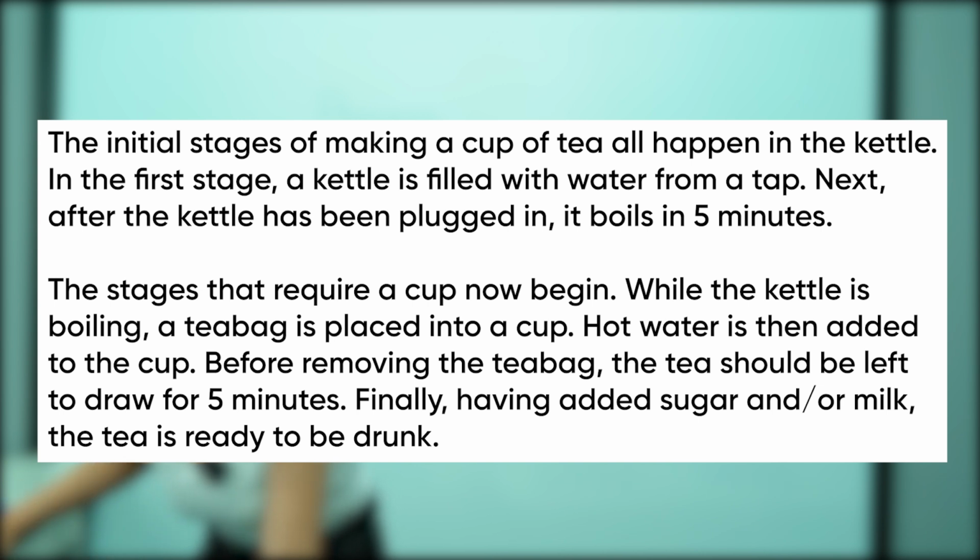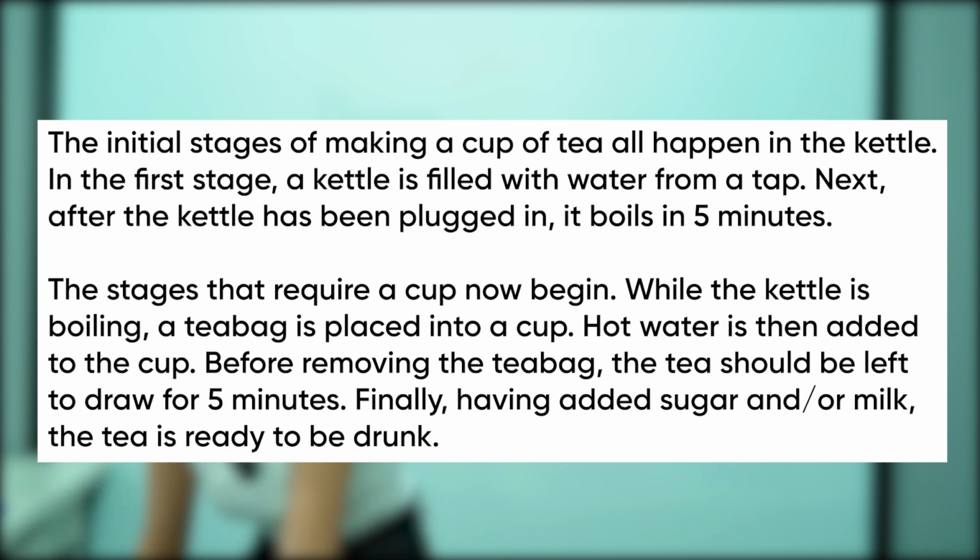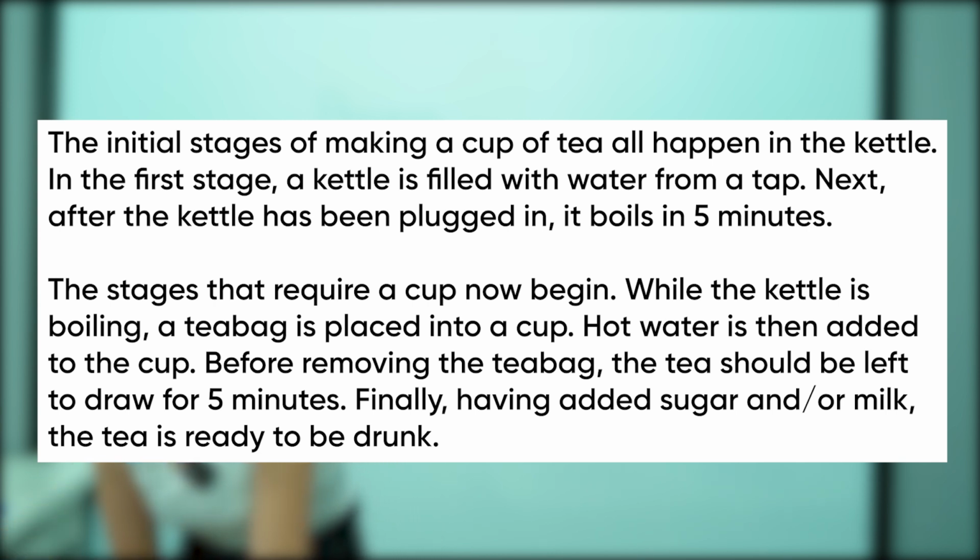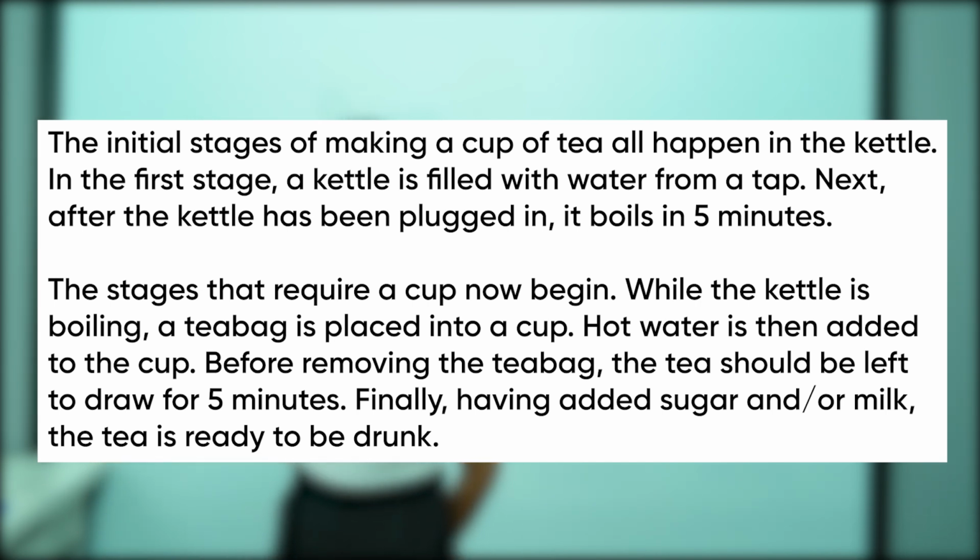While the kettle is boiling, a tea bag is placed into a cup. Hot water is then added to the cup. Before removing the tea bag, the tea should be left to draw for 5 minutes. Finally, having added sugar and/or milk, the tea is ready to be drunk.